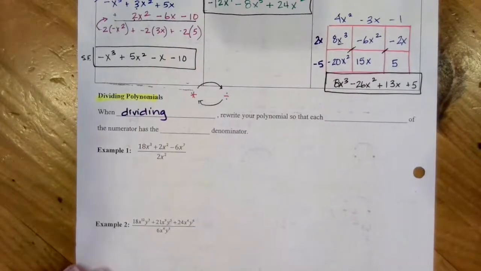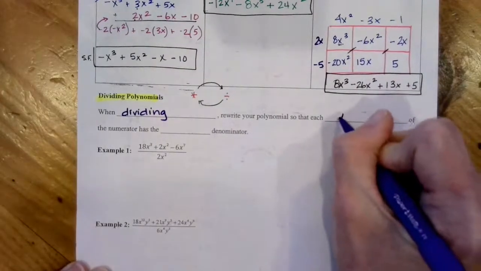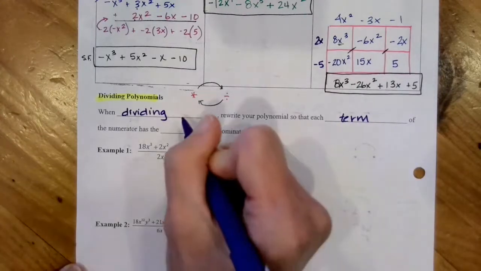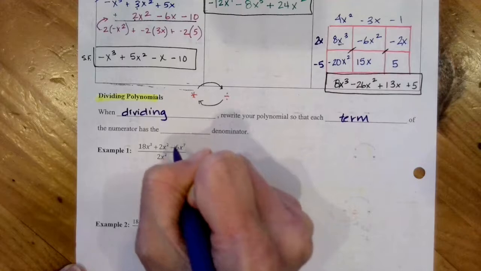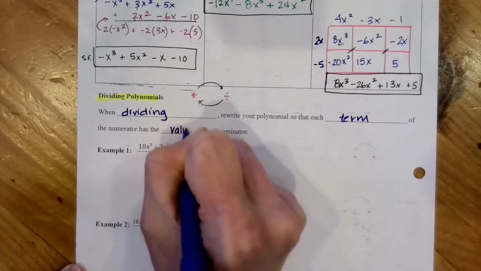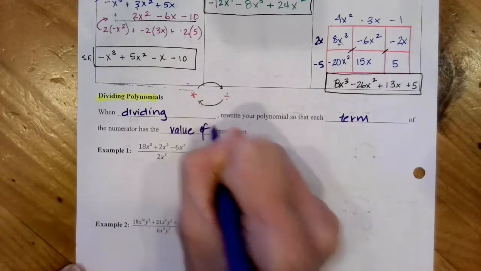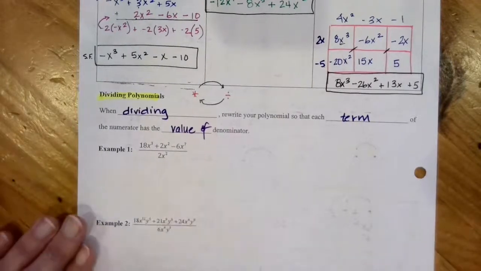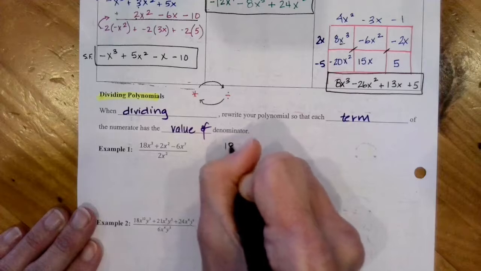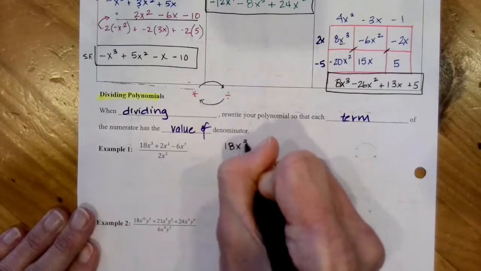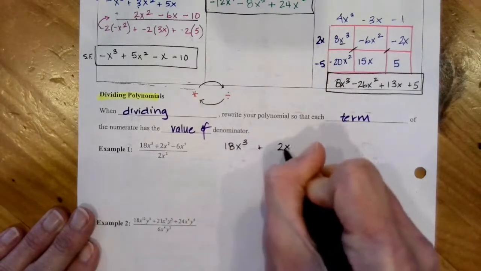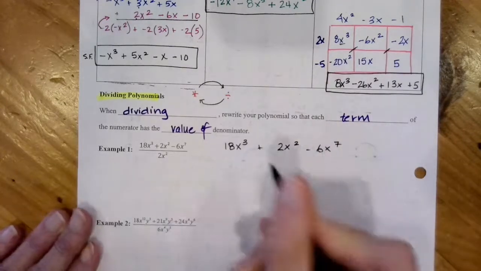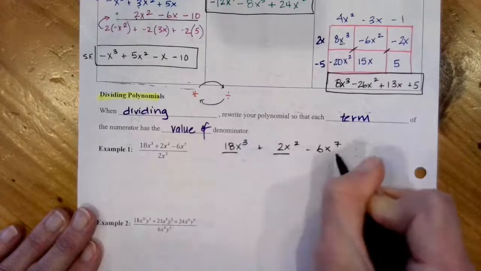rewrite your polynomial so that each term of the numerator has the value of the denominator. So we'll see what we mean by this. You see how I have 18x cubed plus 2x squared minus 6x to the 7th? We're going to split this up.